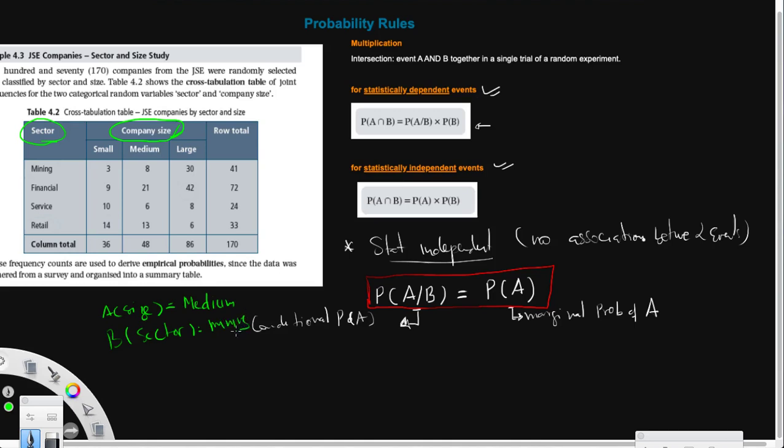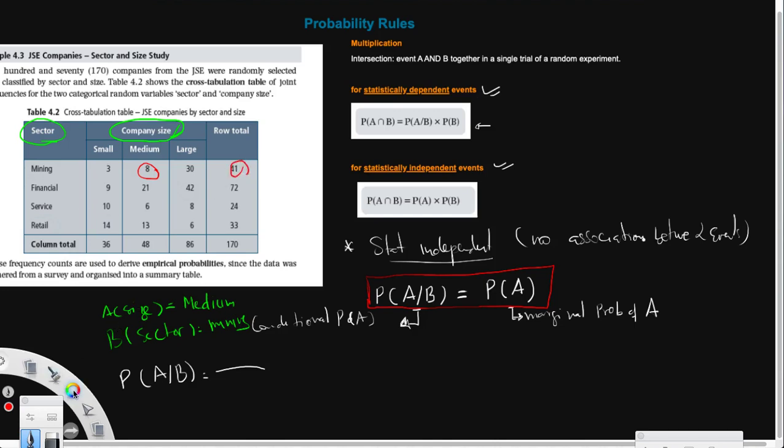All right, so the way we're going to test this, first of all, let's find the conditional probability of A given B. This is going to be medium size over mining. So we look at the total of the intersection between medium size and mining, which is 8. We divide it by the total of mining companies, which is 41.